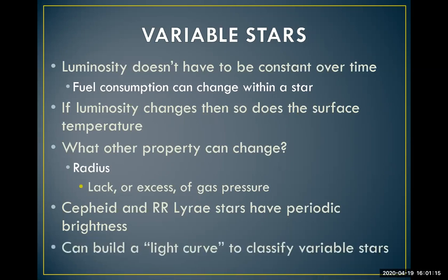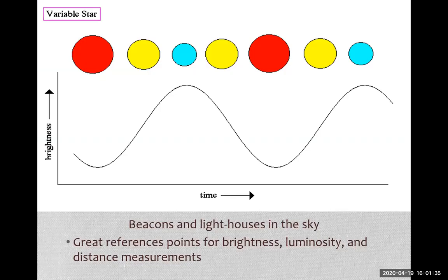By watching this periodic brightness behavior for a Cepheid or an RR Lyrae star, we can build what's called a light curve to classify the behavior of that star, and then through a very careful analysis, figure out the distance to that star in a very, very accurate manner.